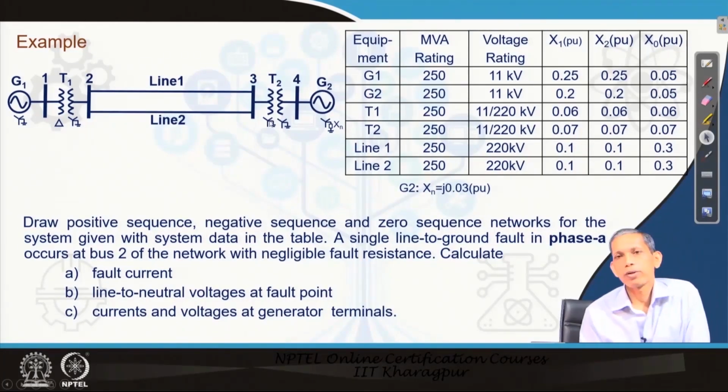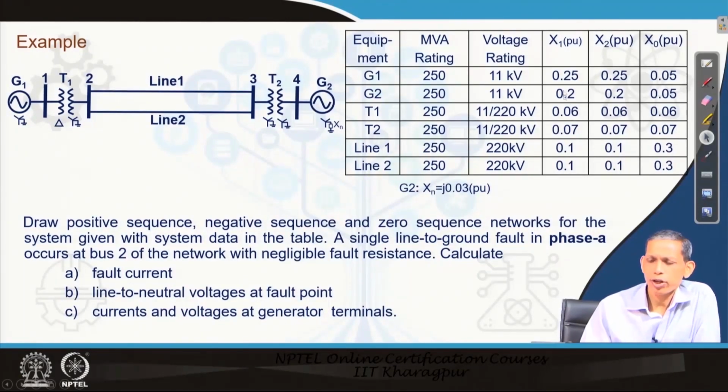The corresponding per unit reactances of the individual elements G1, G2, T1, T2 and the transmission line circuits are given here, with their MVA rating and the kV rating of the system.